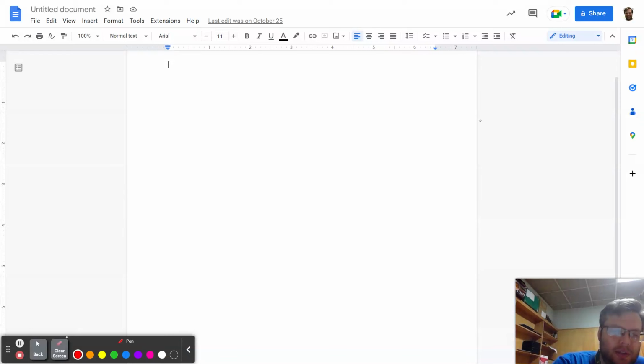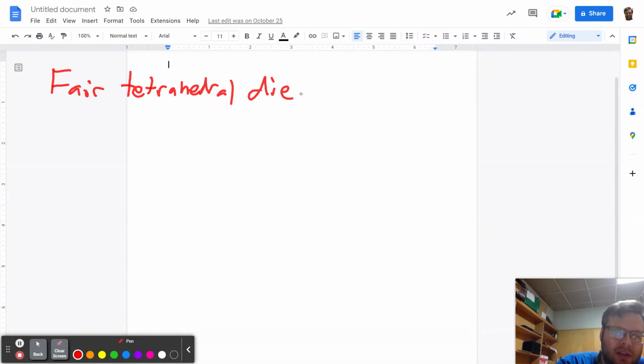So here's one example where we have a fair die that's tetrahedral, and that's just a fancy way of saying that there are four sides. And let's just toss it 12 times.